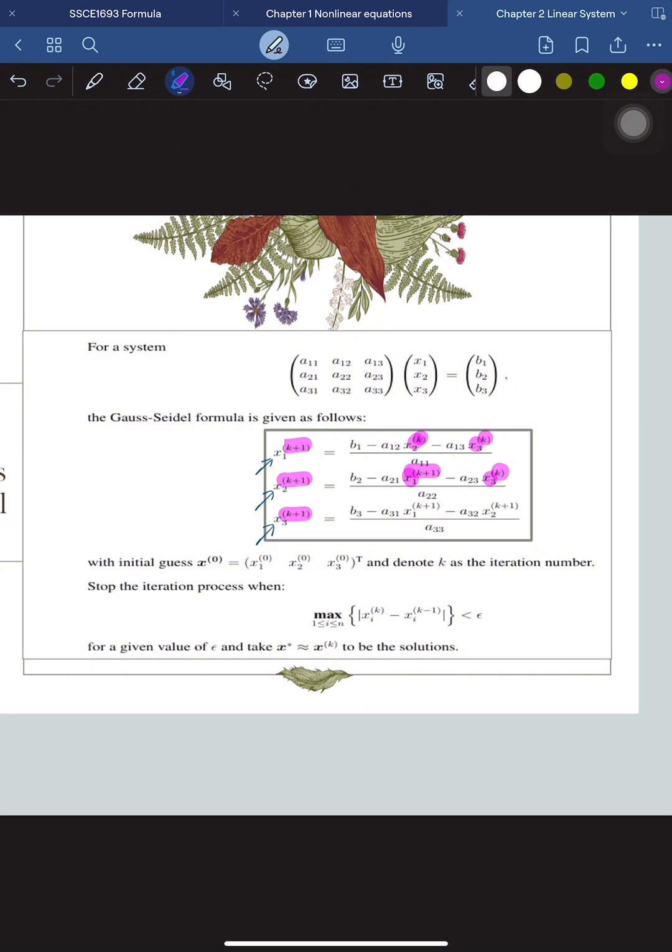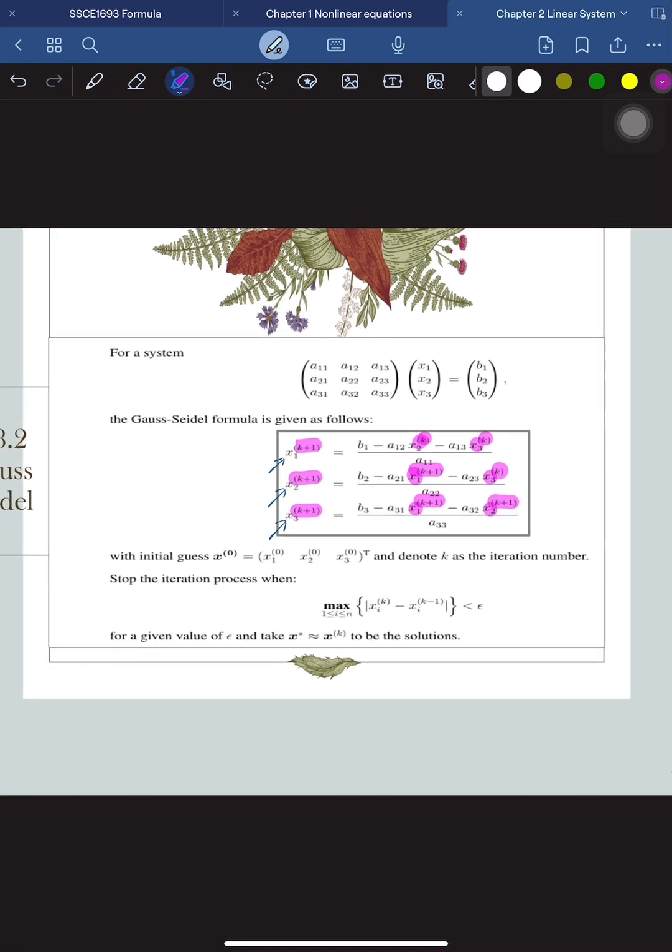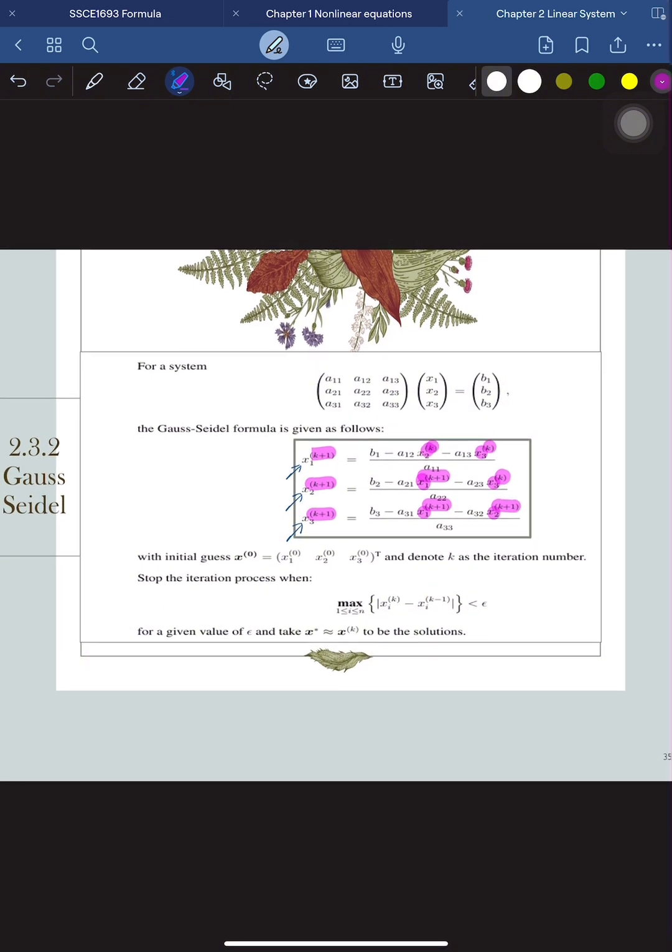For x3, we already have the values of x1 and x2, so we take the new values. The formula is similar: for the Jacobi we take the previous value, but for the Gauss-Seidel we take the new value.